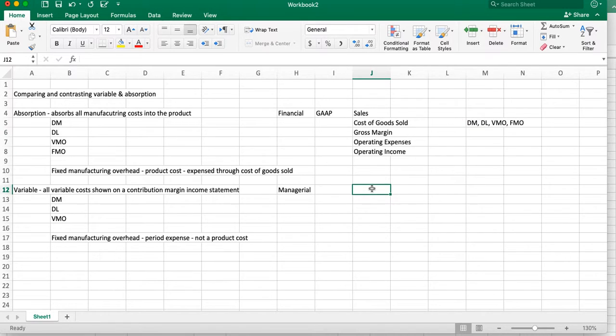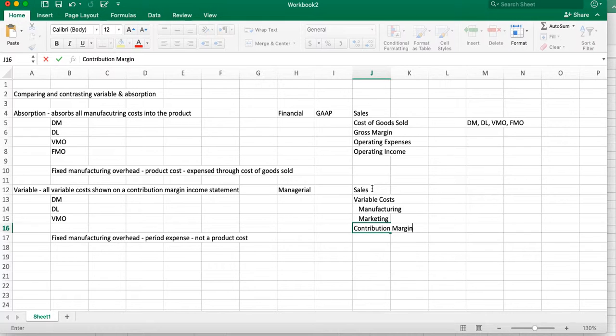For a managerial, variable costing income statement, we have sales, we have variable cost, and that can be manufacturing, that can be marketing, whatever the variable costs are. Sales minus all of our variable costs is what we call the contribution margin.